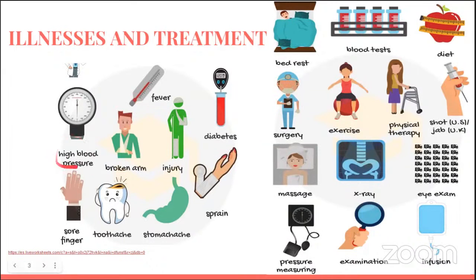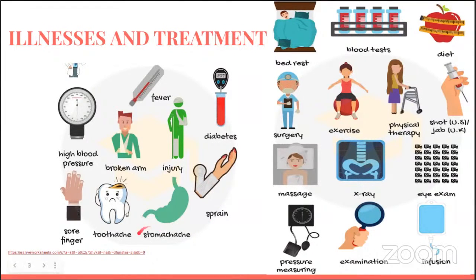What is the meaning of high blood pressure? Presión alta. Yes. Broken arm. Fractura de un brazo. Fever. Fiebre. Diabetes. Diabetes. Injury. Alguna lesión. Very good. Sprain. Vendaje. All right.